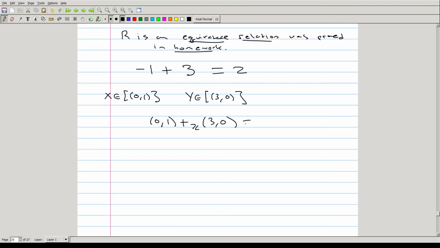You end up getting a new ordered pair, which is 3, 1, which under this equivalence relation is equivalent to 2, 0.